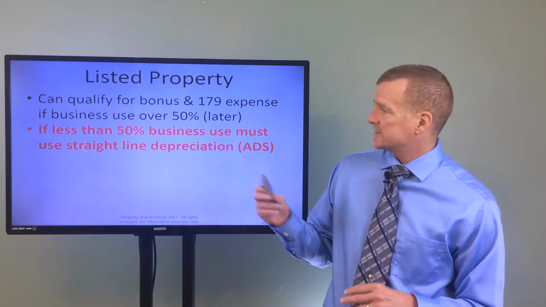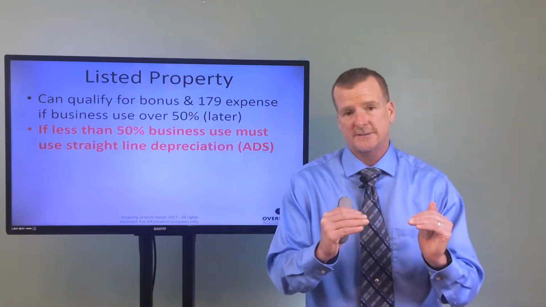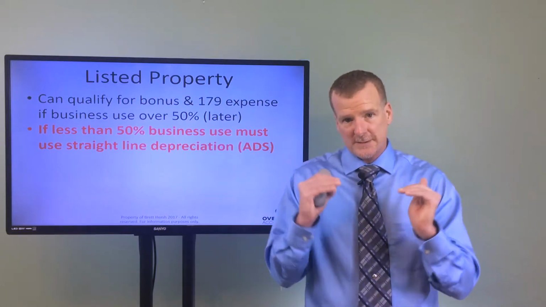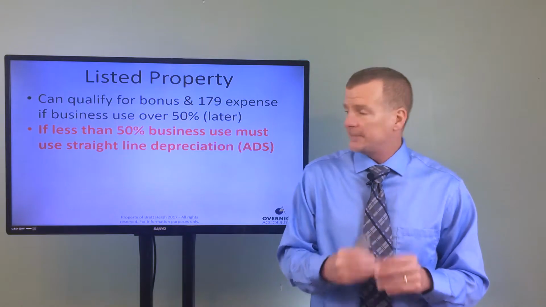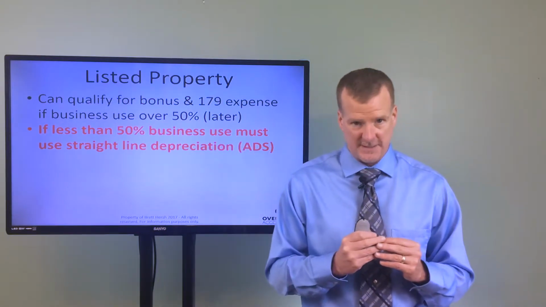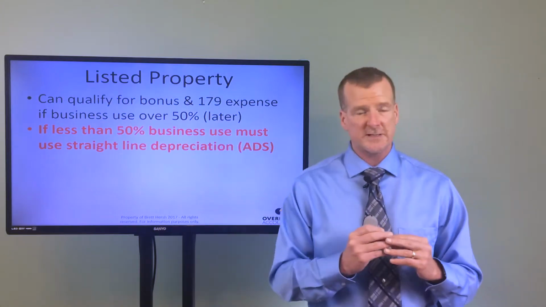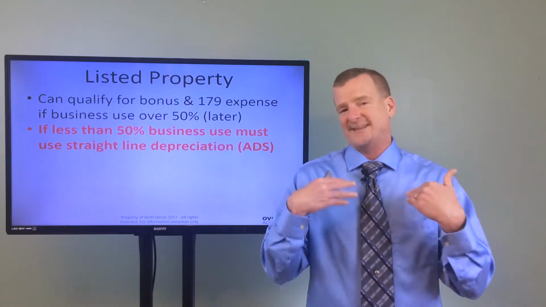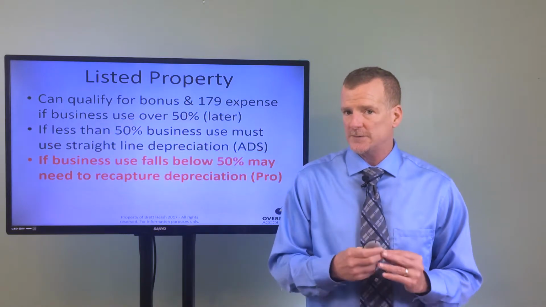Okay, but if it has less than 50% business use, so if you have any asset on that listed property list that is less than 50% business use, you have to use what's called straight line depreciation using the alternative depreciation system. Now, I'm only telling you that because if you're using the software, you know where to plug in. If you have items that are less than 50% business use, again, that's going to be relatively rare as long as you keep a reasonable amount of business use and keep it over 50%.